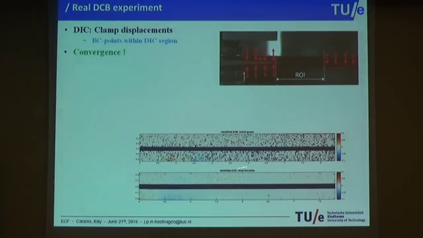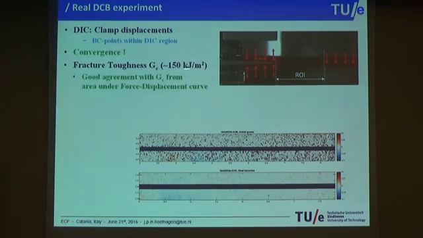We go from the initial residual to this kind of residual. And we also find the fracture toughness. This was just a test sample of 2 steel layers glued with a dyed glue. We have very good agreement with the GC from the area under a force displacement curve. So that's working nice.